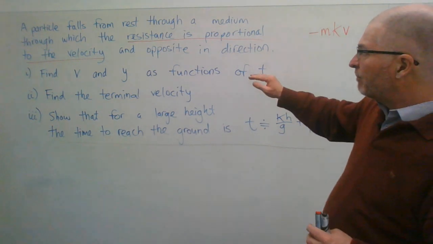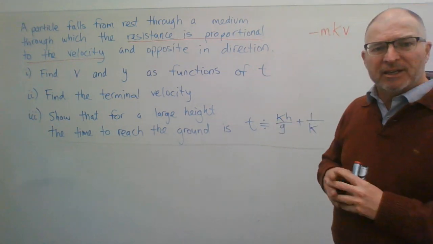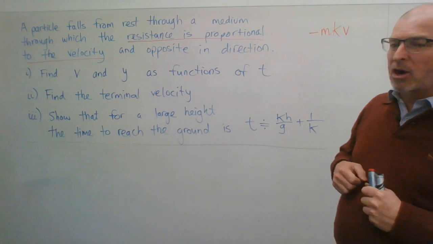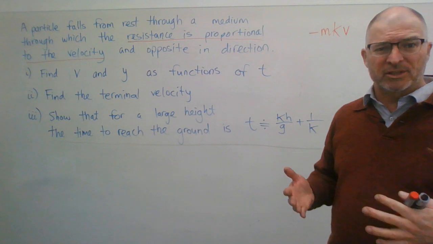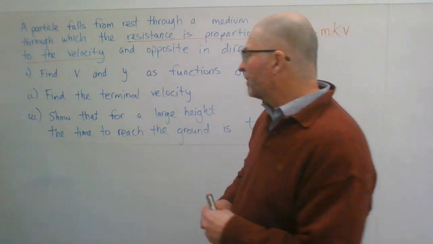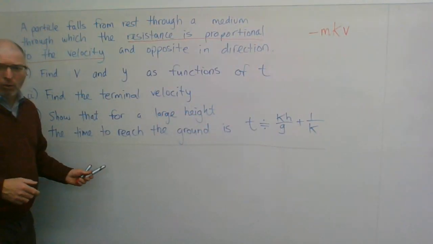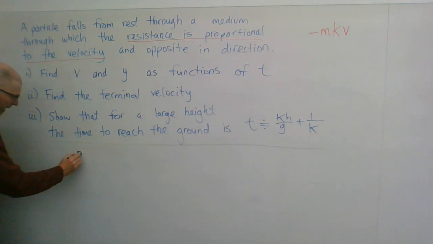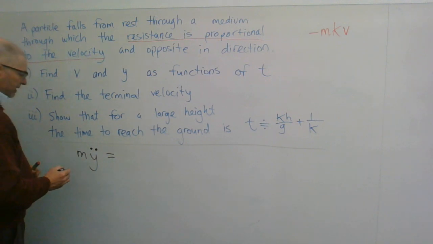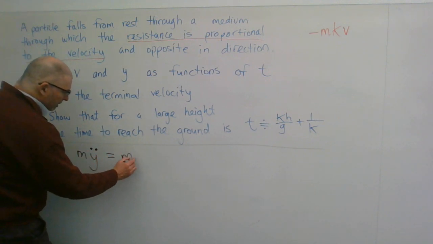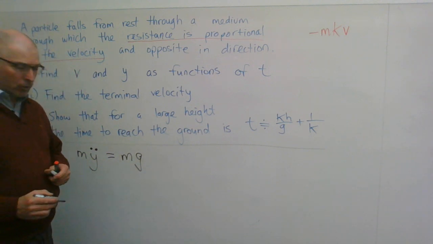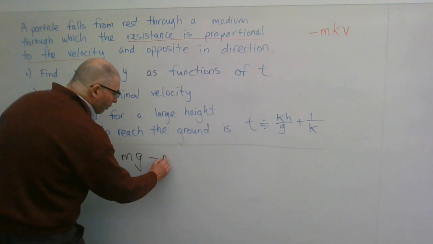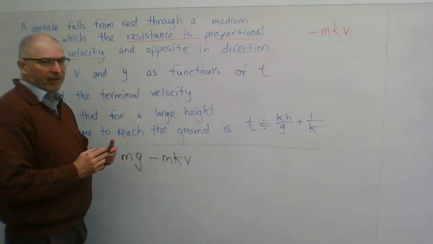So let's start by finding the velocity and the displacement as functions of time. So our first thing always with these questions is to write out a force equation. So I'm going to say that the overall force, m y double dot, is the same as the force going downwards, mg, but we need to take off the opposing force, mkv.